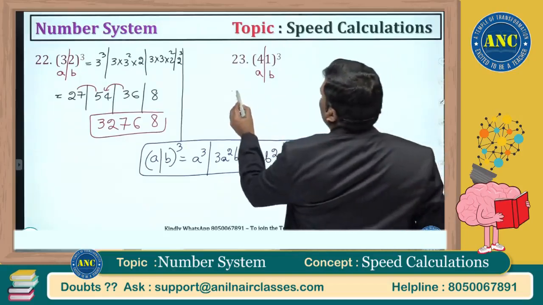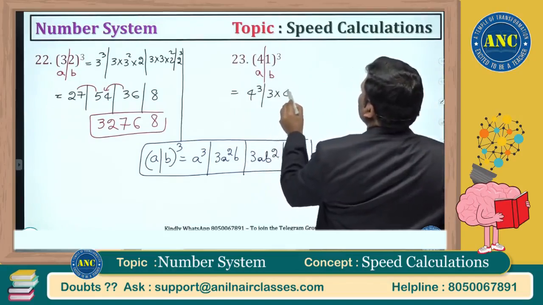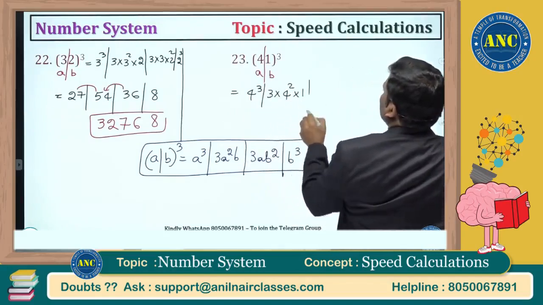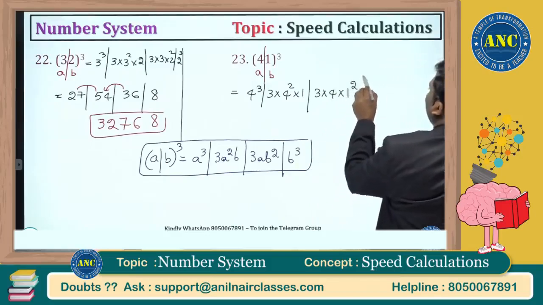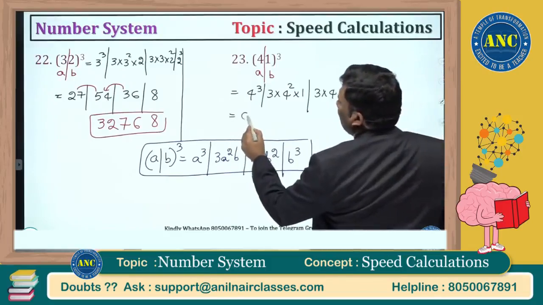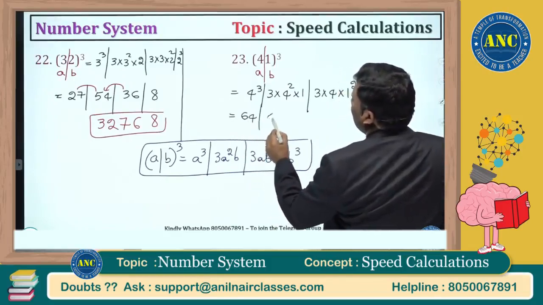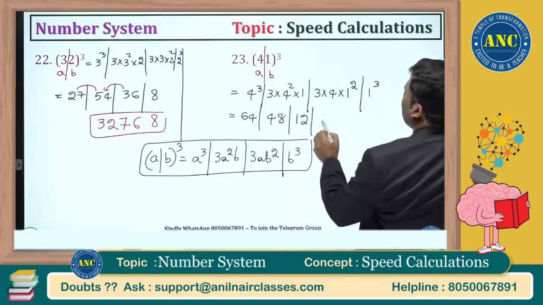41 whole cube. This becomes a cube. Next is 3a square b. Next will become 3ab square. And the final value will become b cube. 4 cube is 64. 16 3s are 48. 4 3s are 12. And this is 1.